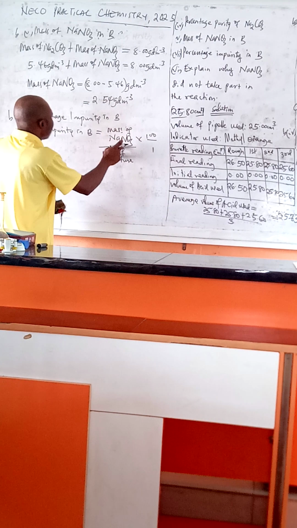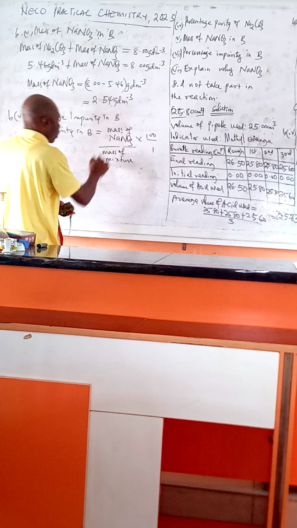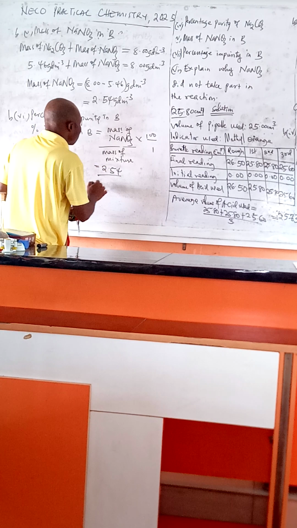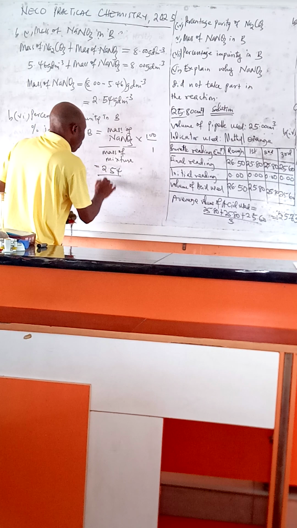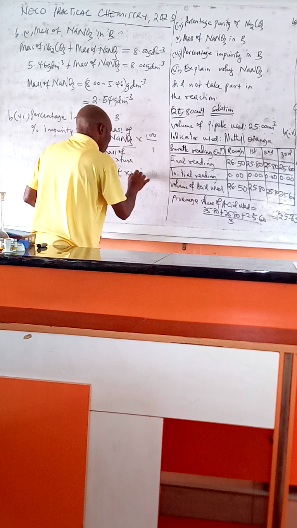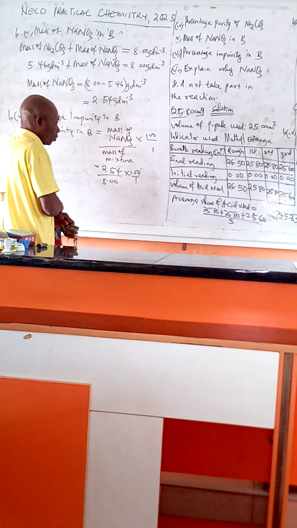The mass of NaNO3 is what we just calculated as 2.54, and the mass of the mixture remains 8.00, multiplied by 100 over 1.